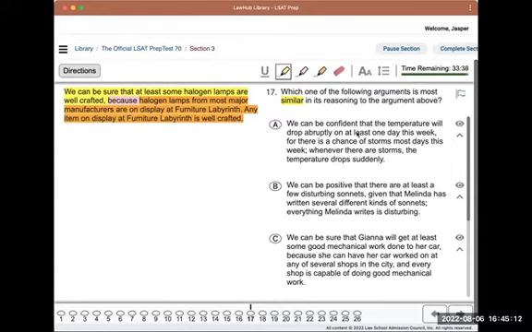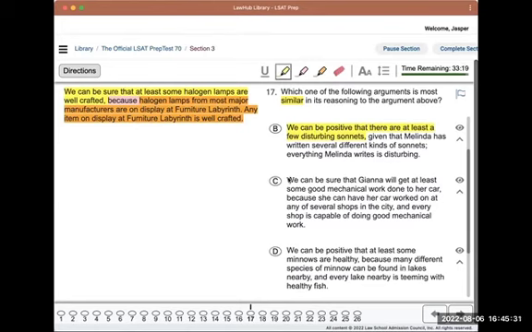Okay, so let's see what we can get here. So if I look at the conclusion for these guys, we can be confident that the temperature will drop abruptly on at least one day this week, right? That seems to match. We can be positive there are at least a few disturbing sonnets. We can be sure that Gianna will get at least some good mechanical work done on her car.